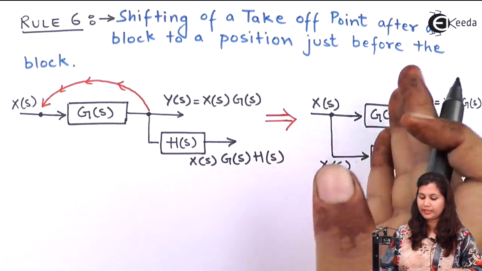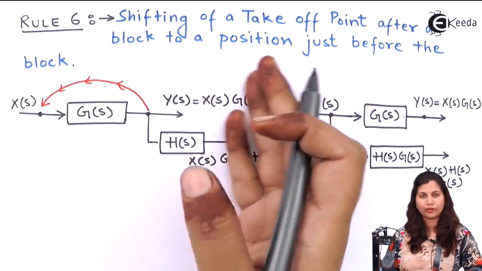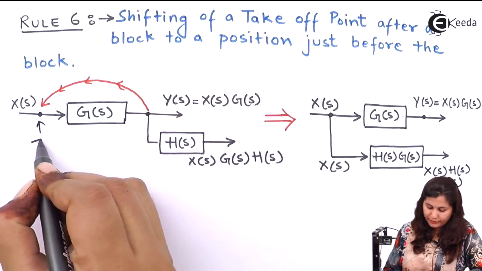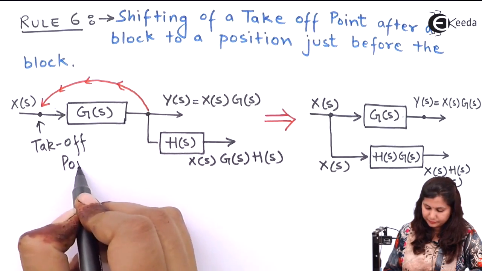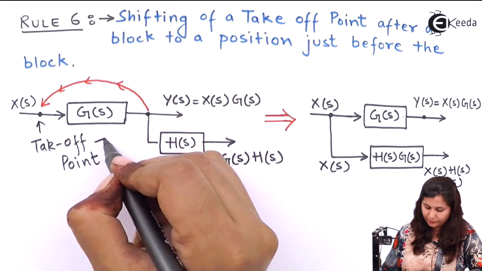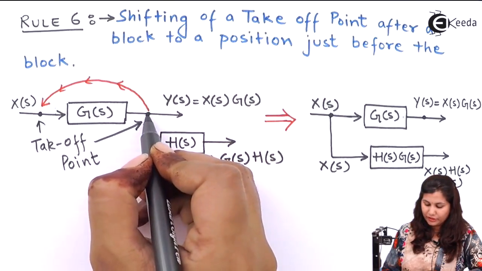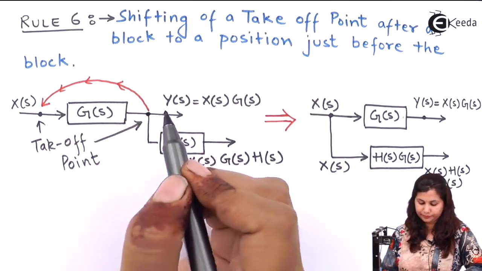Here we will study the takeoff point which is after a block being moved to before the block. This is the takeoff point, and we are shifting it to a position before the block.